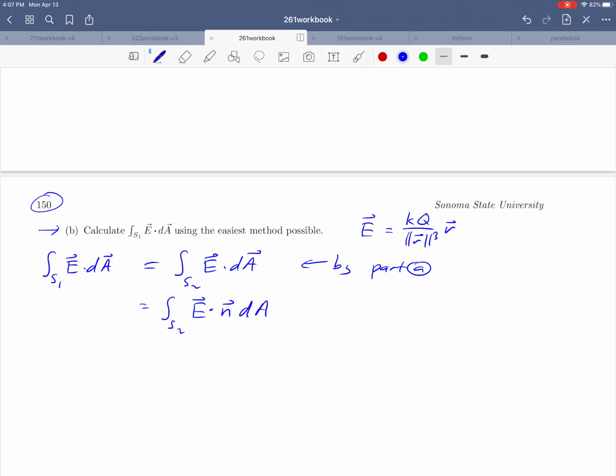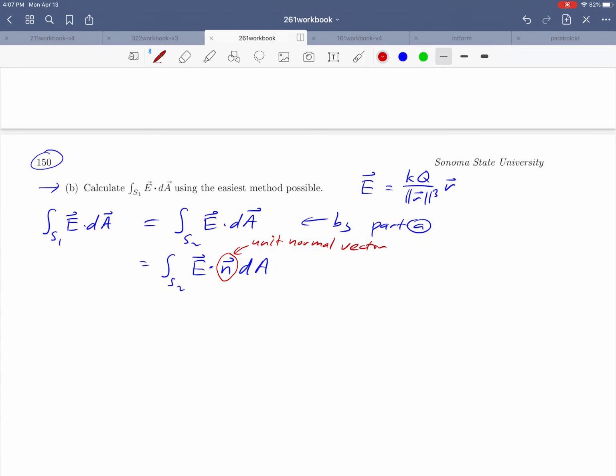We can break it down into those components, E dot n, where n just represented a unit normal vector. This was a technique that you used back in chapter 19 a couple of times.